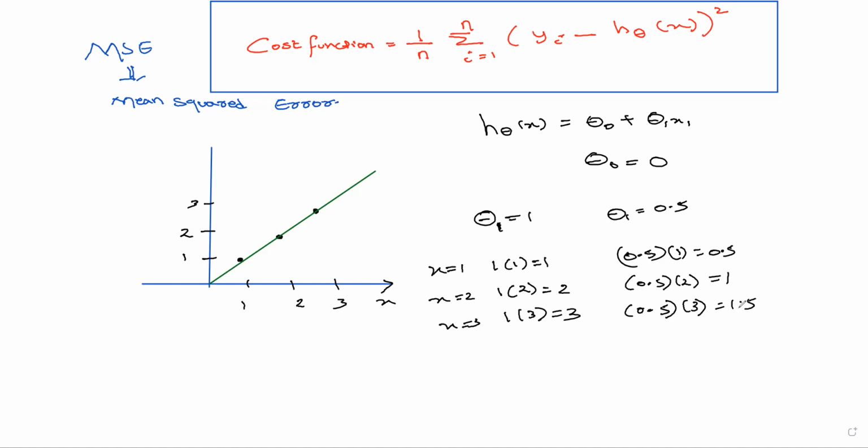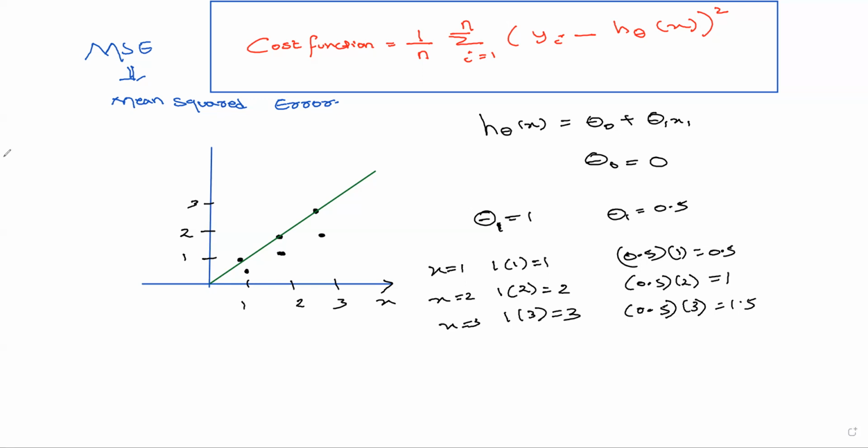So for x equal to 1, the value is 0.5; for x equal to 2, it is 1; and for x equal to 3, it is 1.5.